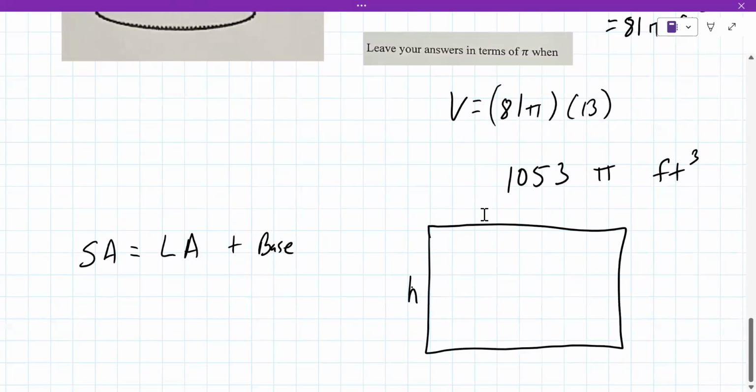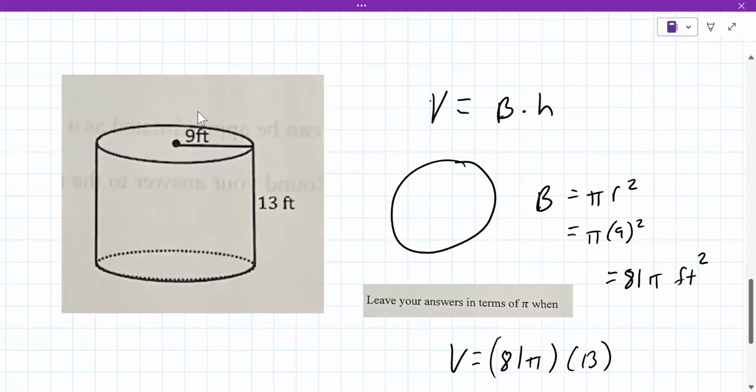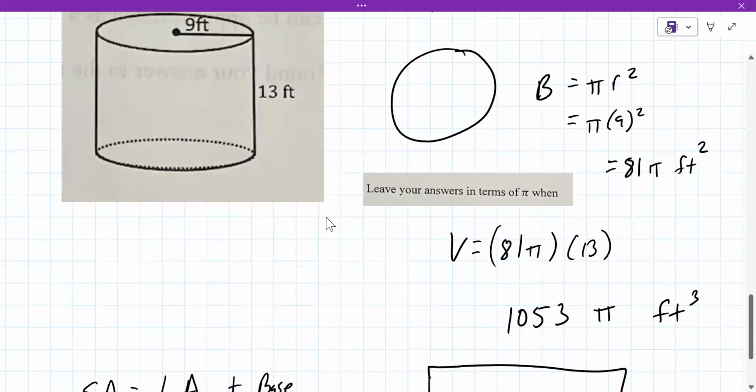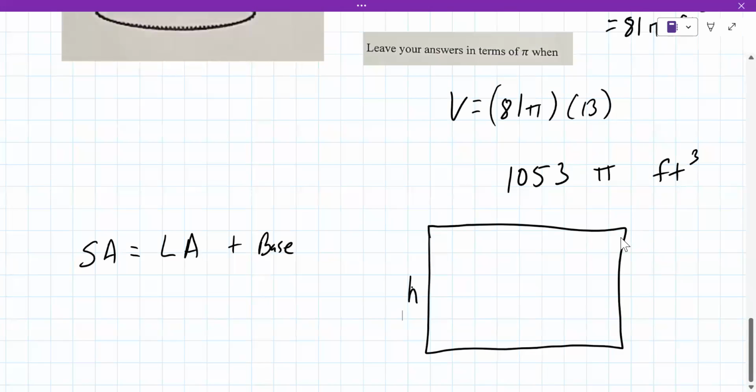The width is the circumference, which comes from going around the top. The circumference of the circle is 2 pi r, so the lateral area of a cylinder is 2 pi r h.